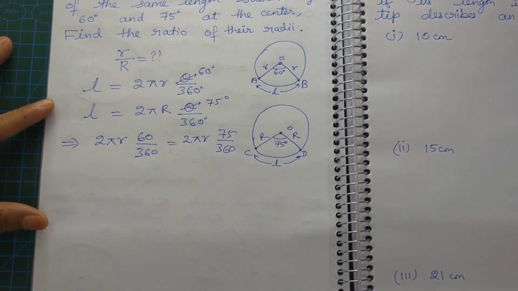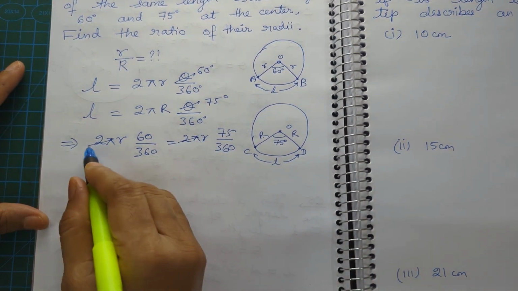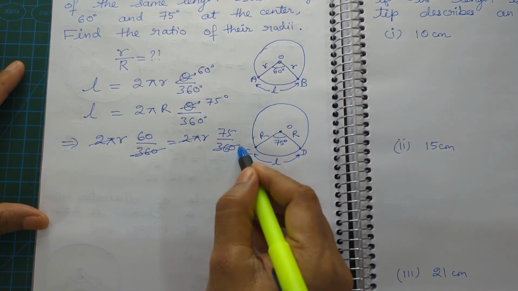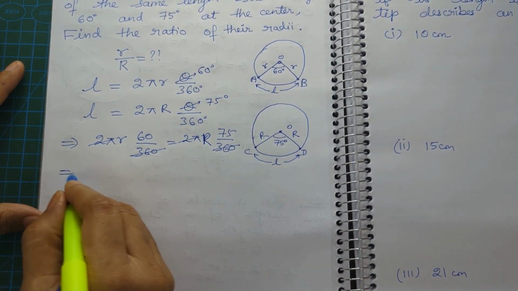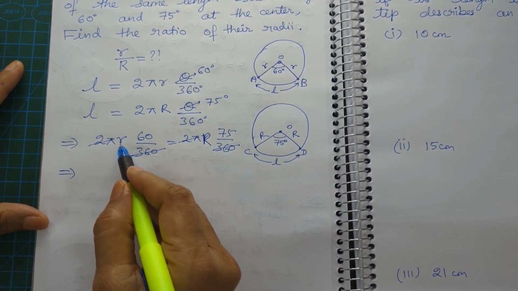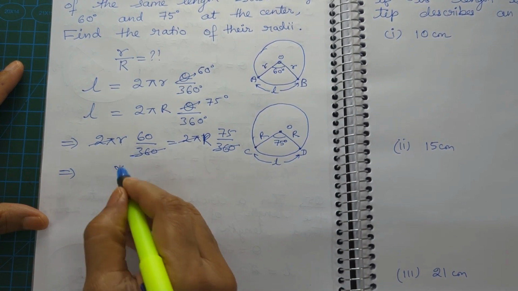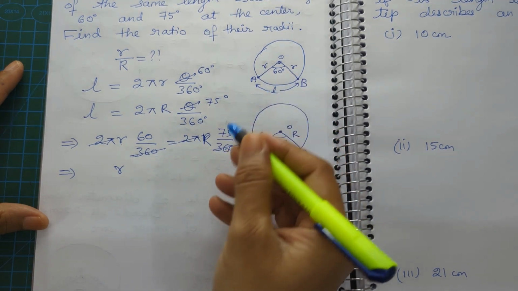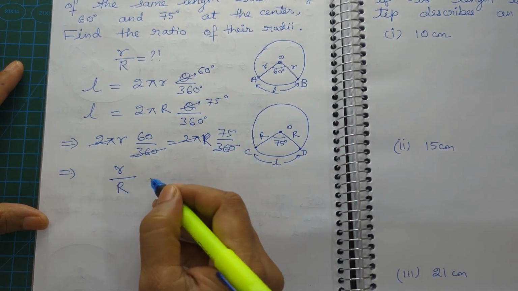Now we'll see how to further simplify this. 2 pi can be cancelled on either side. 360 can be cancelled on either side. So right side is capital R. So we want ratio of the radii. So the small letter r is on the left side, that is the radius of the first circle divided by radius of the second circle.